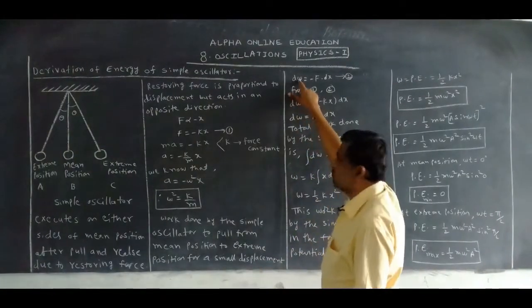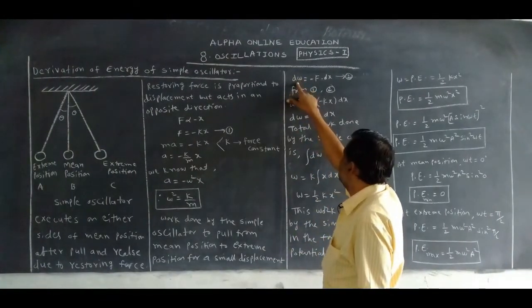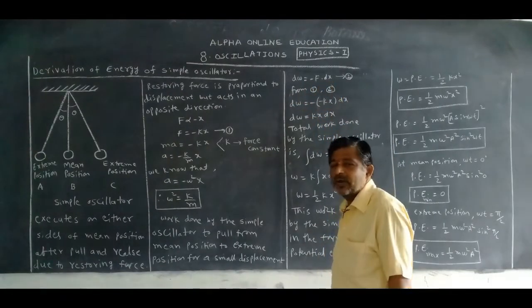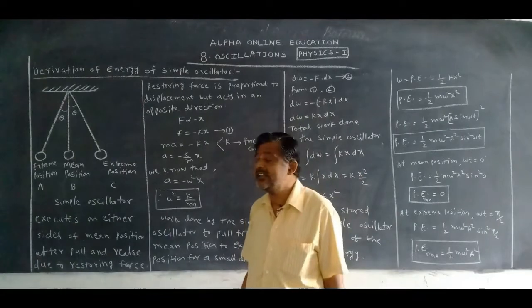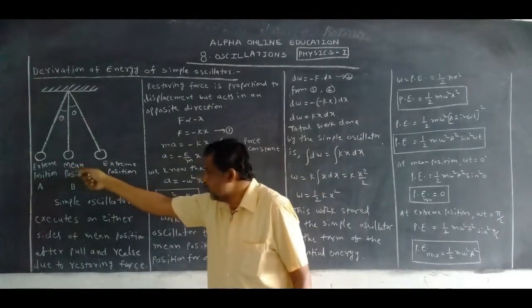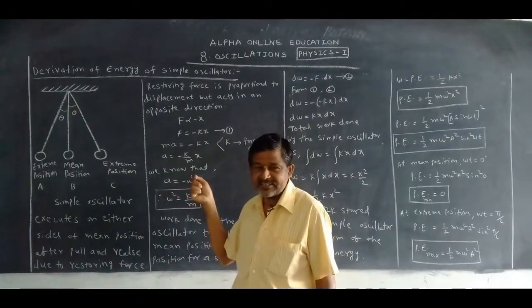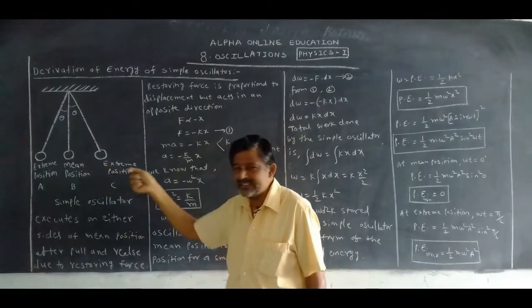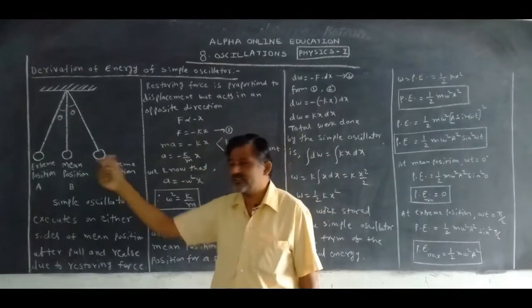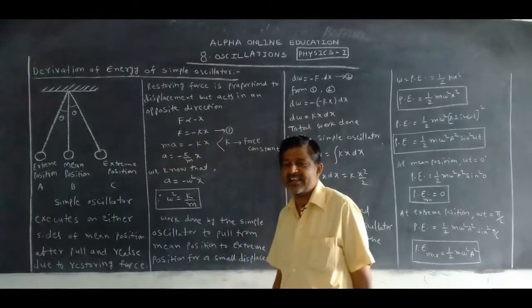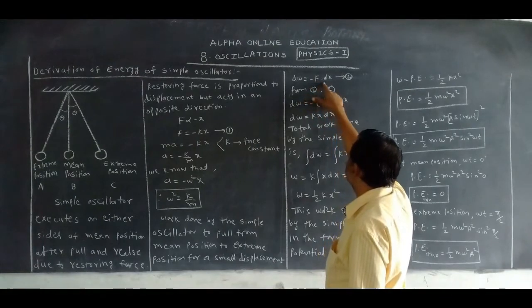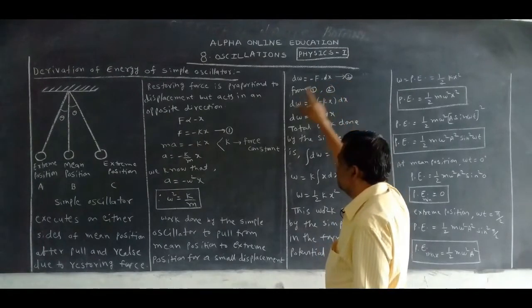How can we express that? dW is equal to minus F into dx. Why do we take minus? We pull in this direction, but displacement is in this direction, and the restoring force is in this direction. That's why dW is equal to minus F into dx, equation 2.